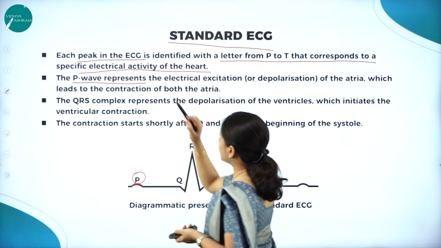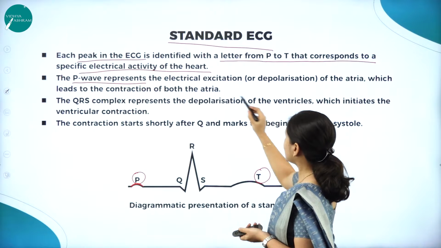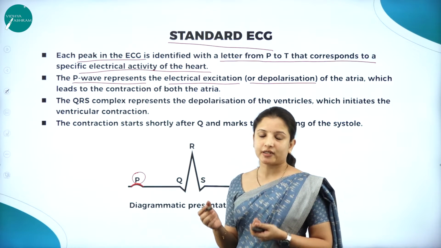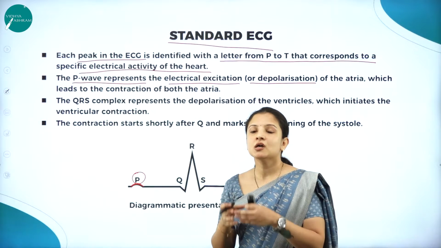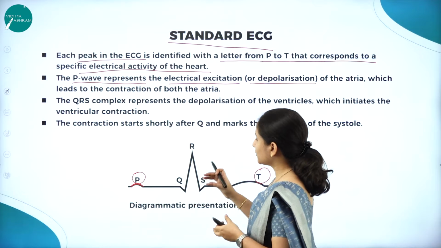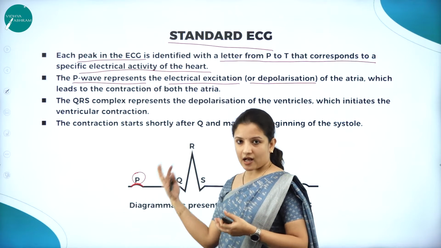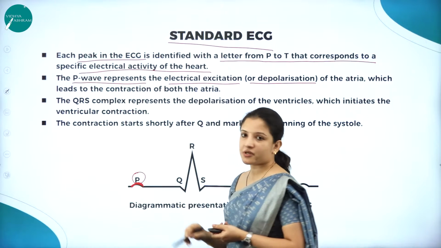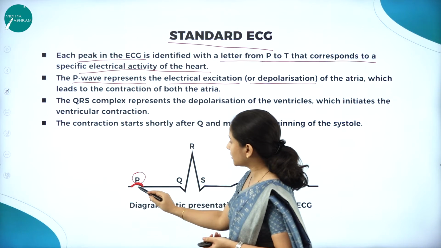The P wave represents the electrical excitation, or the depolarization of the atria. Depolarization of the atria means contraction of the atria, that is atrial systole. So when the contraction of the atria occurs, this curve gets formed from the machine, or in the graph we will find this curve.